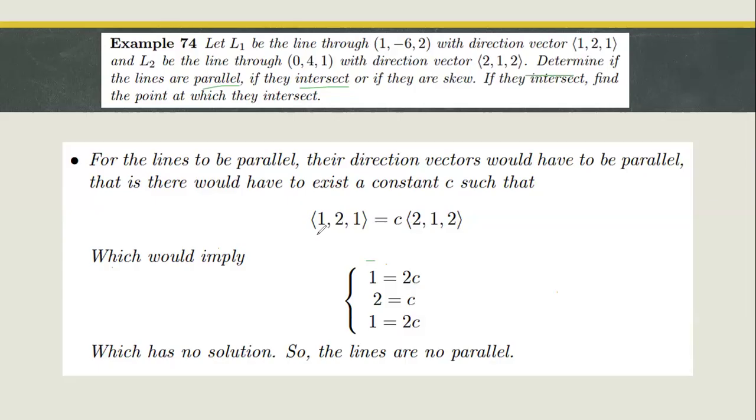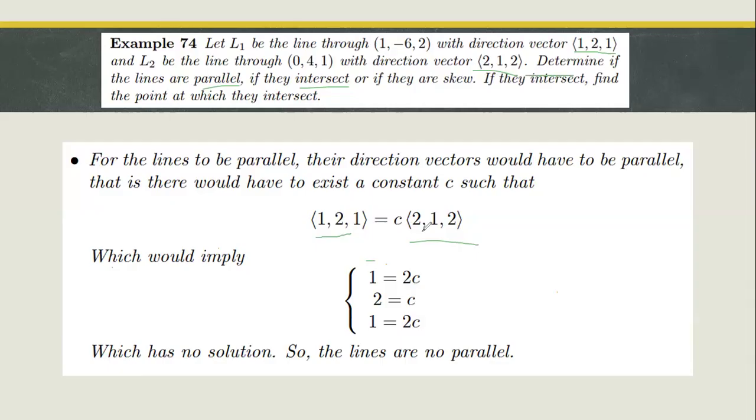In this case, the direction vector for the first line is (1, 2, 1), and the direction vector for the second line is (2, 1, 2). Instead of k, the parameter is given as c.